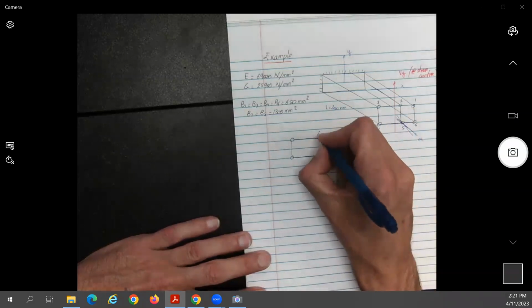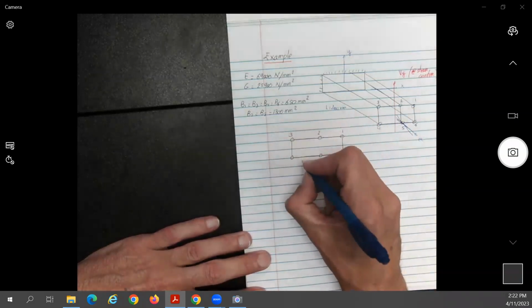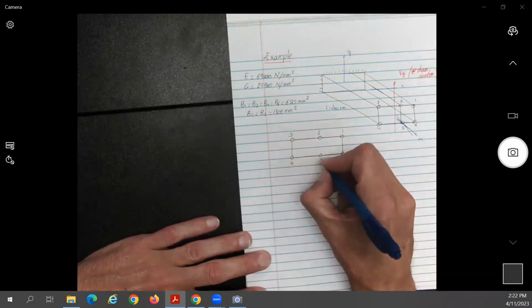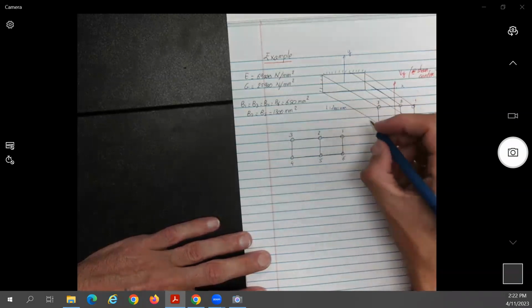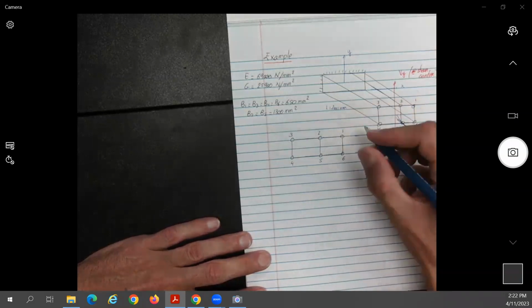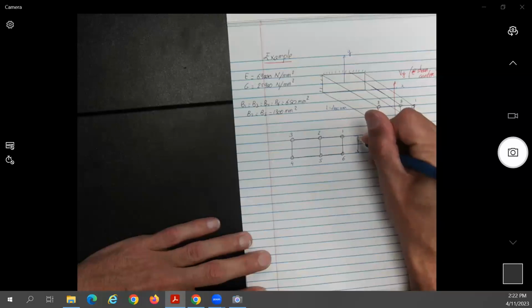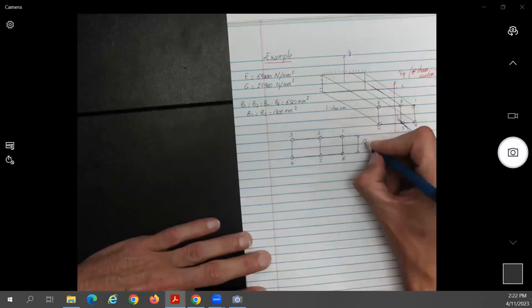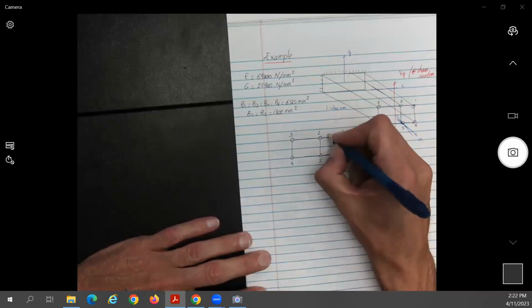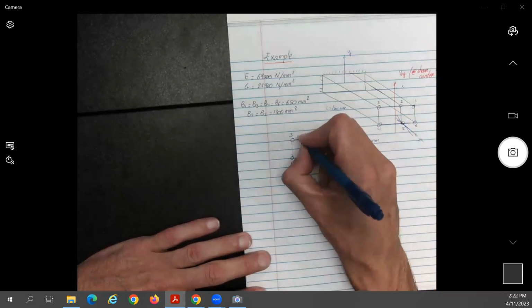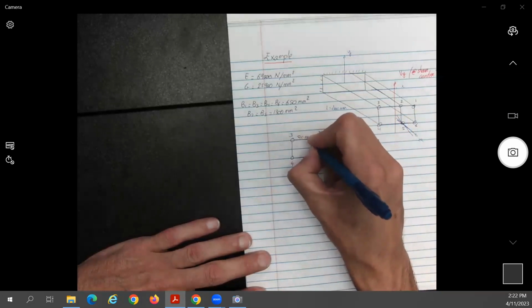Points 1, 2, 3, 4, 5, 6. The depth of the wing box is 250 millimeters. This section here is 250 millimeters, and this one here is 500 millimeters.